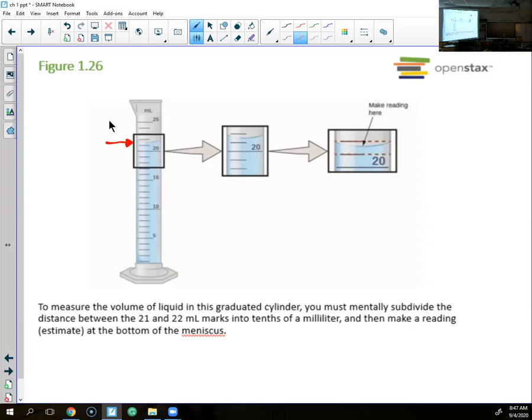When we read this graduated cylinder, we read first from the bottom of the meniscus, this part right here. And then the uncertainty is that we know it's above, this would be 21, it looks like. This would be 22. So we know it's above 21, but it's not above 22. So we know it's 21 something, but do we know anything else?